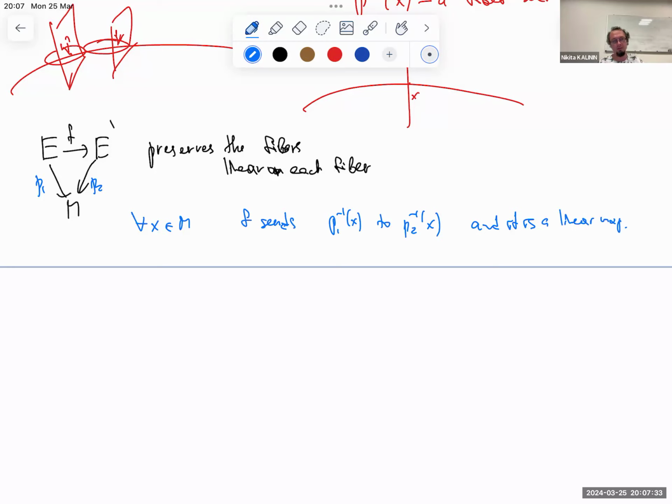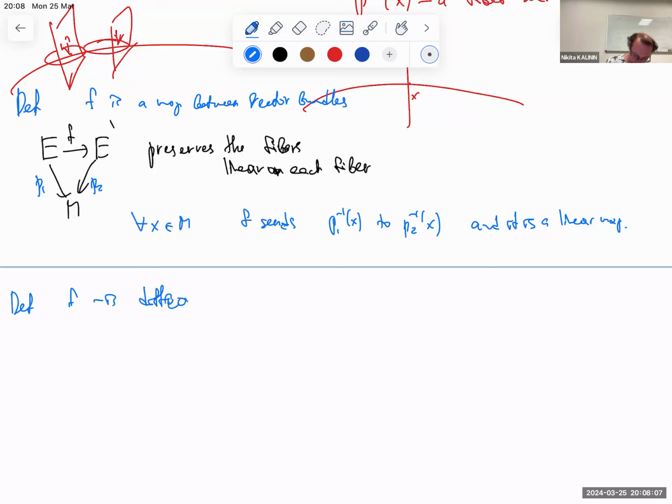So that's how you define maps between vector bundles, and if this F is a diffeomorphism, then these bundles are called equivalent.